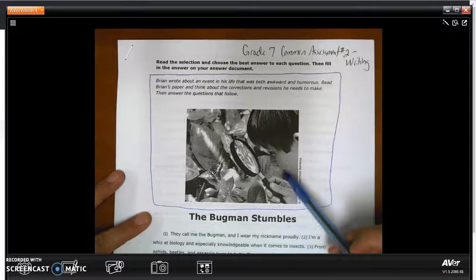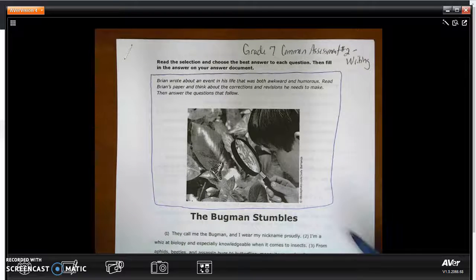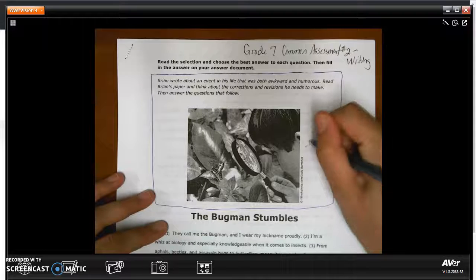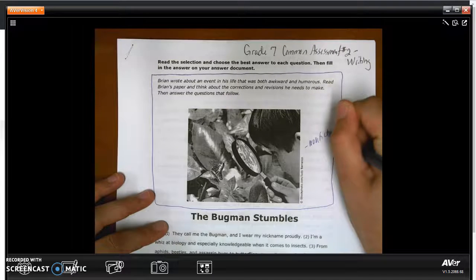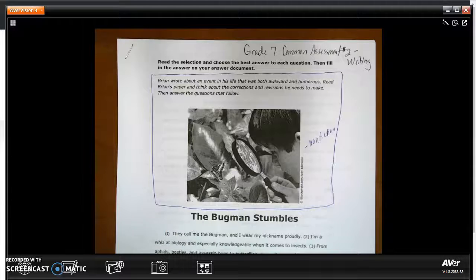Is this image an illustration, or is this a photograph of a real person? It is a photograph of a real person. Because it's a photograph, that tells us that we are reading nonfiction. And so off to the side, I'm going to write nonfiction. And then I'm going to just sort of describe what I see.